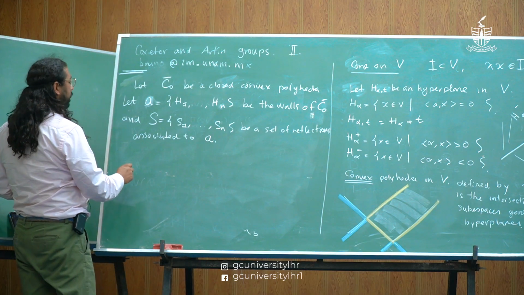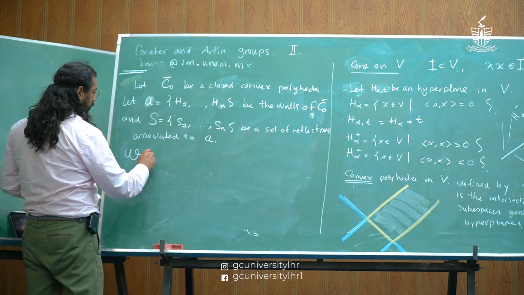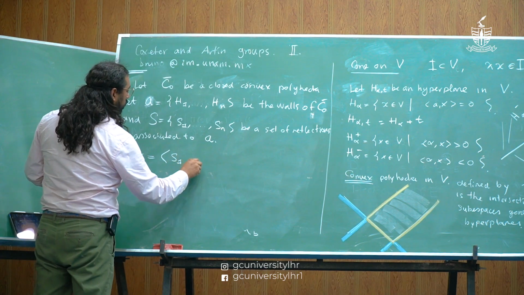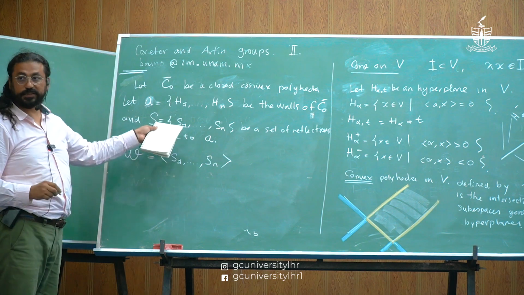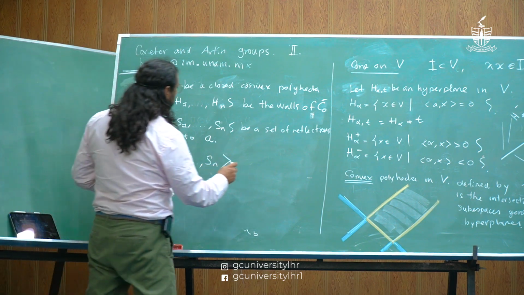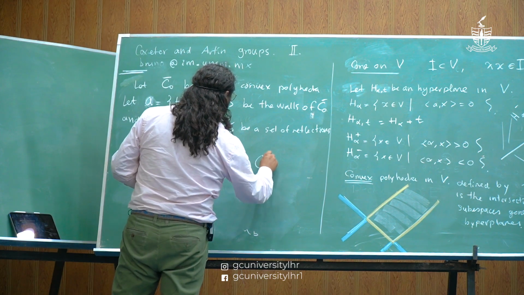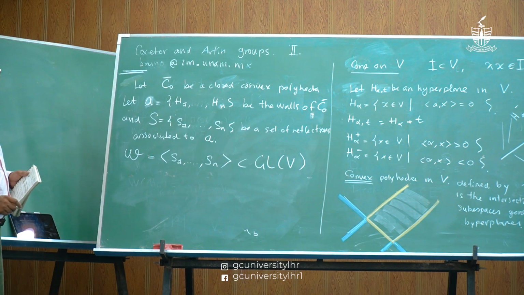And then we can consider W, the subgroup generated by these reflections in the general linear group. Okay?